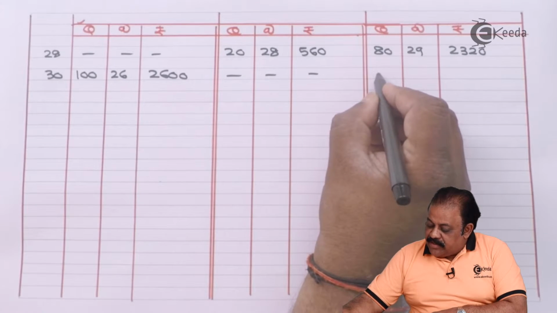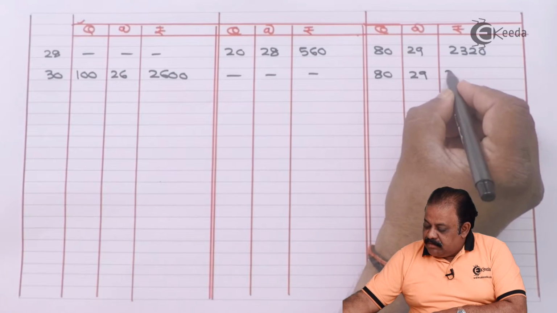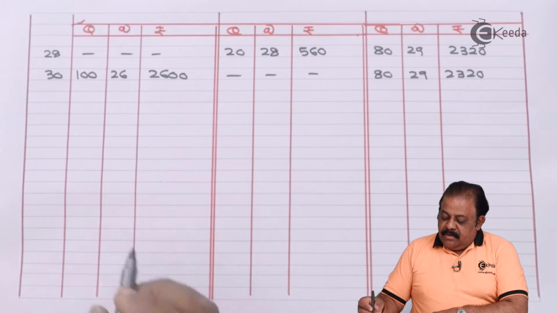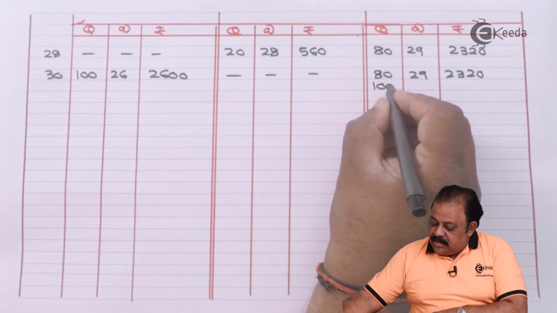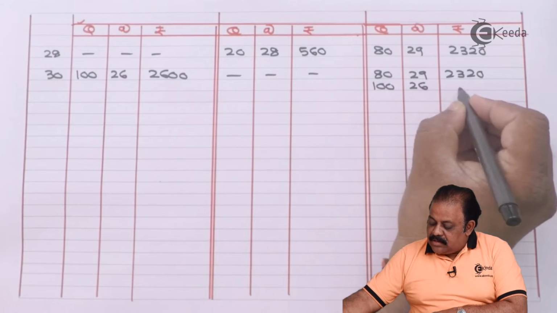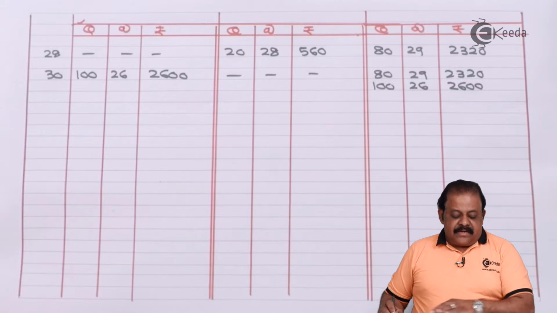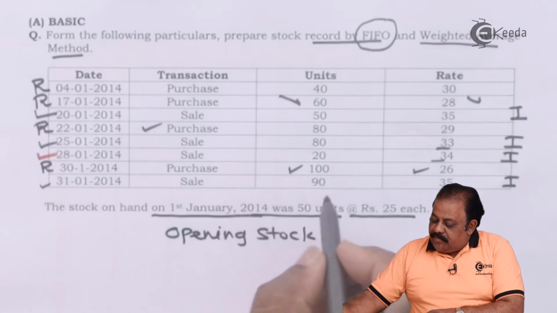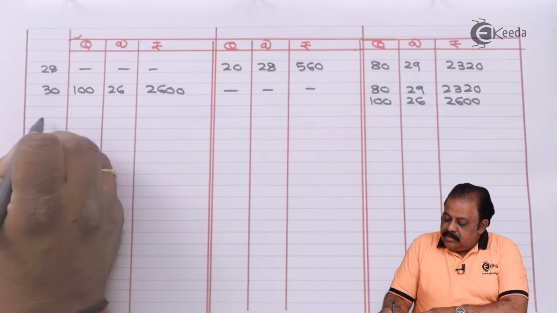Old stock will be recording first, 80 units at the rate of 29, 2320, plus fresh purchase 100 units at the rate of 26, 2600. On 31st of January, there is a sale of 90 units at selling price 35.